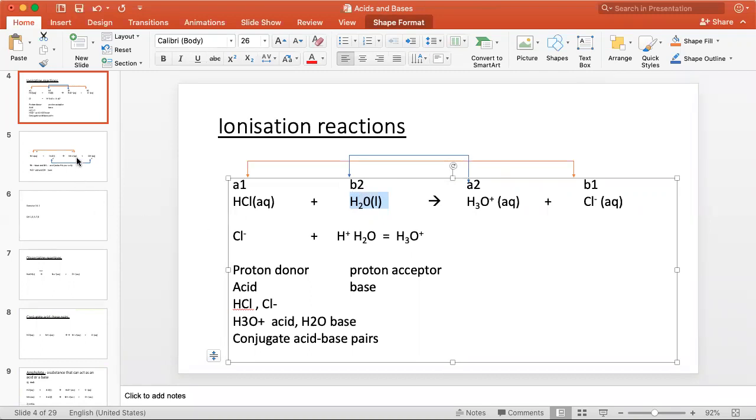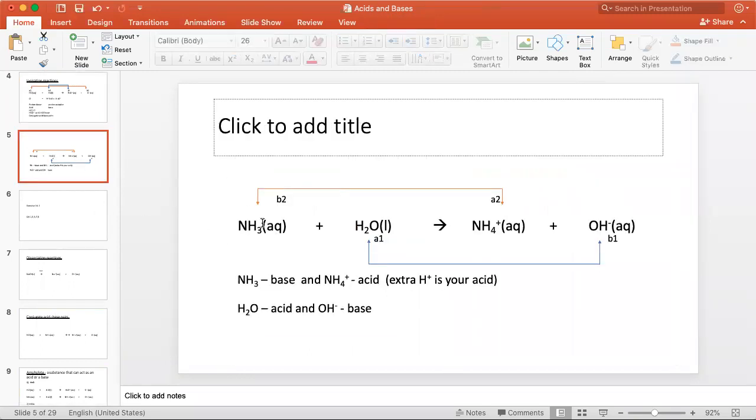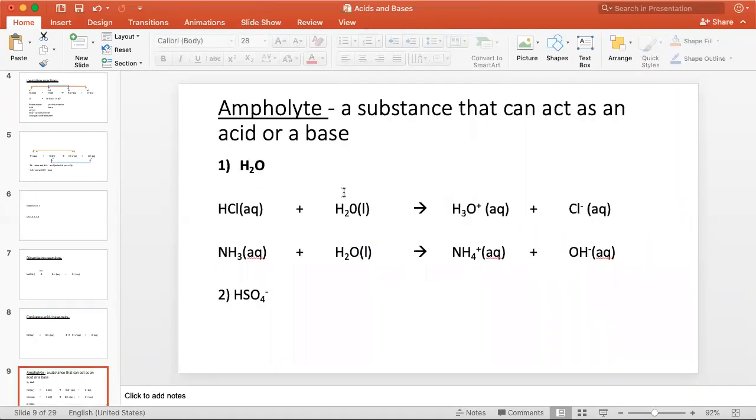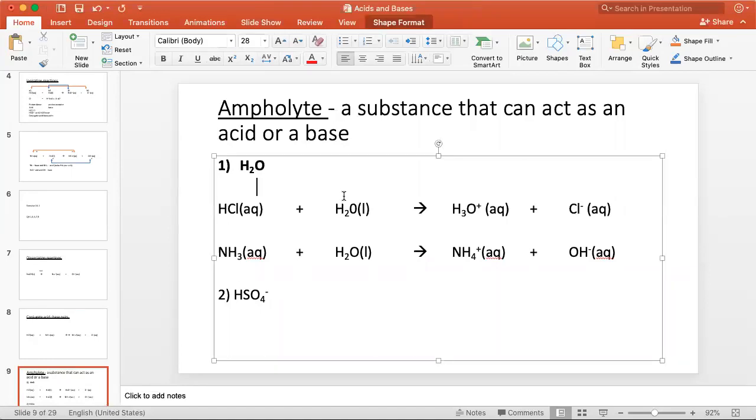Then if you look at the other example, when NH3 reacts with H2O, the H2O acts as an acid. So when a substance can act as a base in one example and an acid in another example, then it is called an ampholyte.